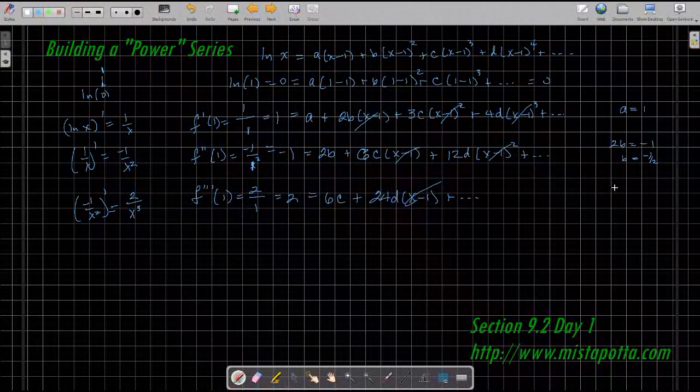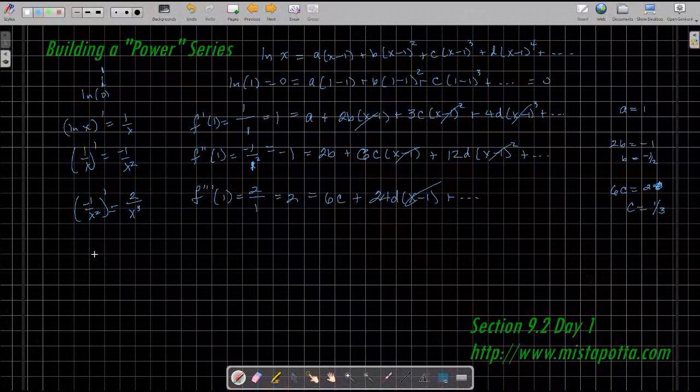So I've got that 6c has to be equal to 2, and so c ends up being a positive 1/3.